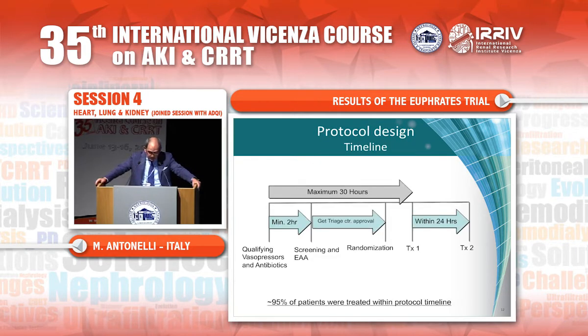The timeline consisted of the identification of the enrollment criteria and the screening of the endotoxin. Then, after having the approval from the central center, the patients were randomized to receive 2 treatments, and the time interval between the 2 treatments was 24 hours.